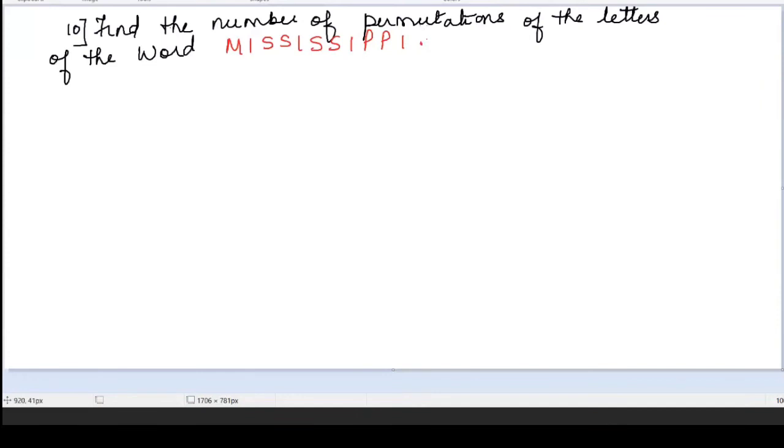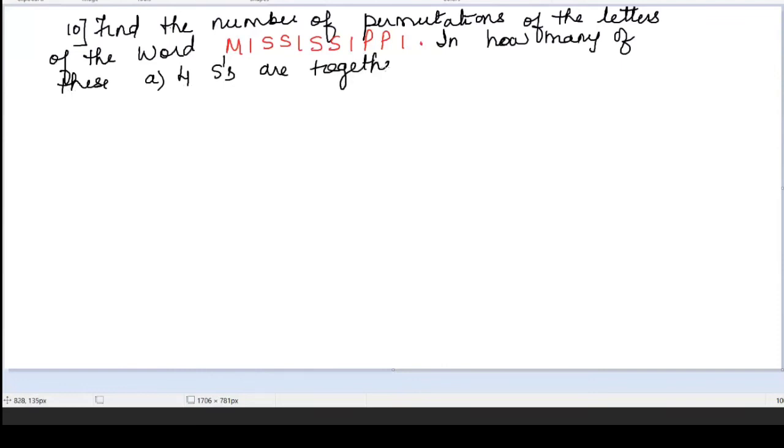In how many of these? A question: 4 S's are together. Here, these questions are lengthy, answers are small. Okay. Second question, 4 S's are not together.